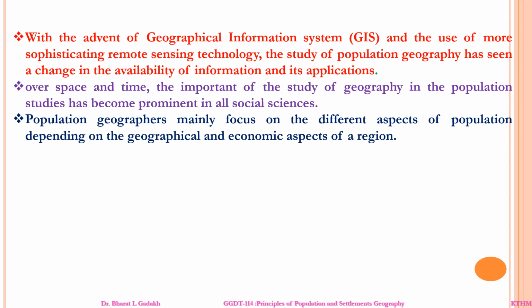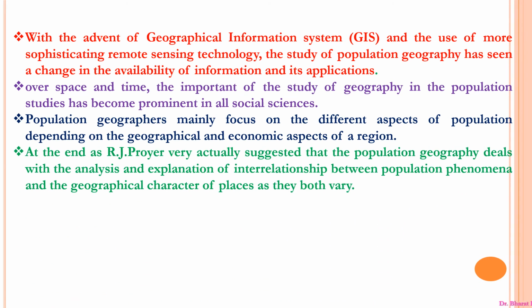Population geographers mainly focus on different aspects of population depending on the geographical economic aspect in the regions. Rajay Prior very actively suggested that population geography deals with the analysis and explanation of the interrelationship between population phenomena and the geographical character of places as they both vary.